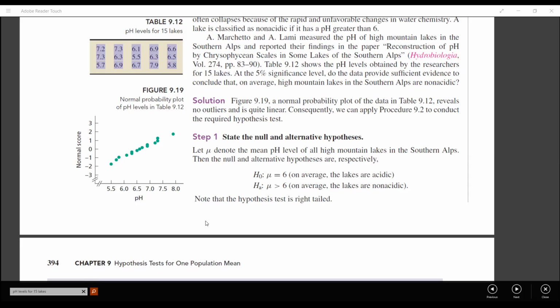Then these three numbers. Now these numbers are to be pasted into SPSS.